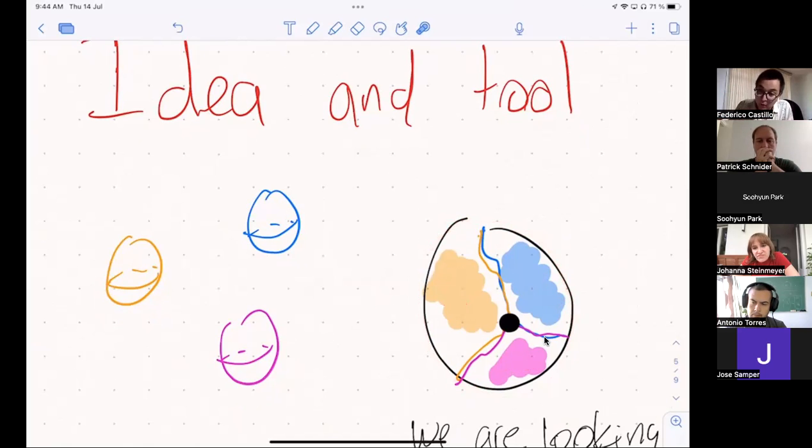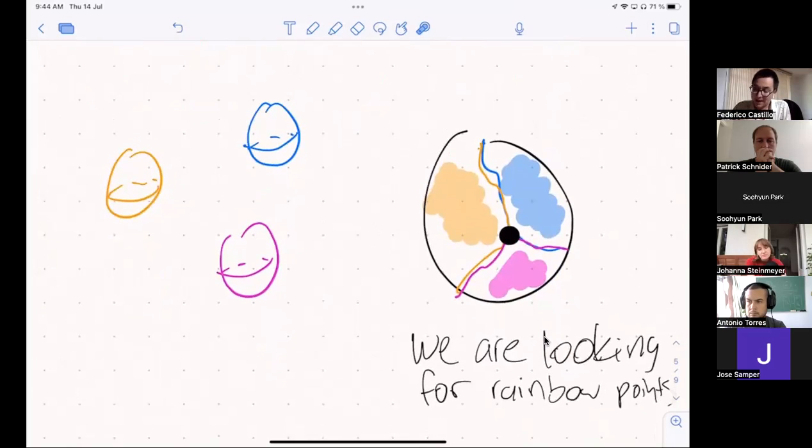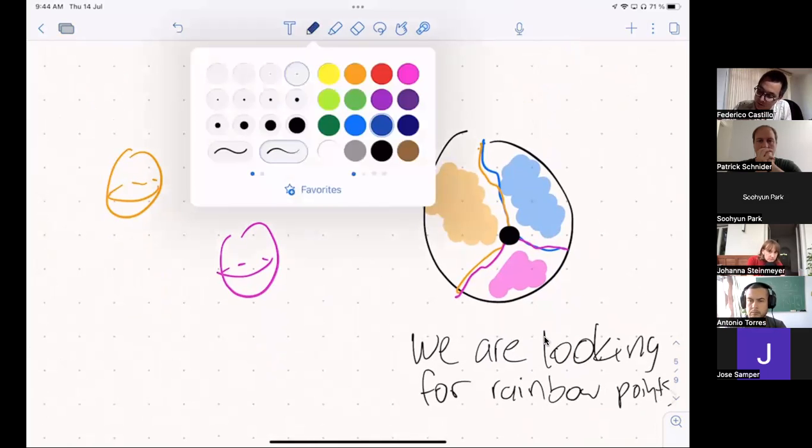And I want to prove that there are, in this case 2, rainbow points that are contained in the closure of these 3 regions. So we are looking for rainbow points. At this point, you may wonder, let's skip the line and say, if I have S^d covered with d things that are convex, homeomorphic to balls, there is one statement that one is tempted to say.